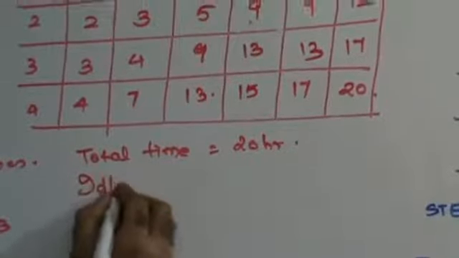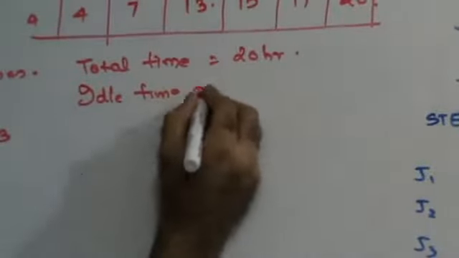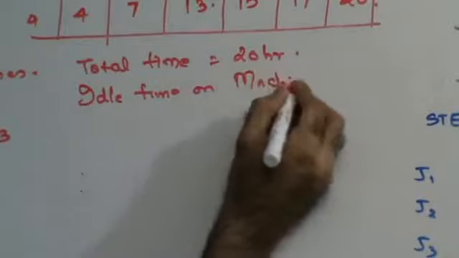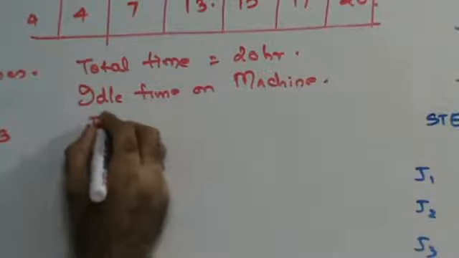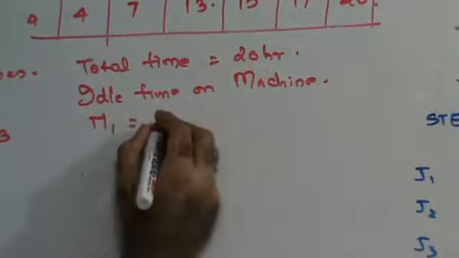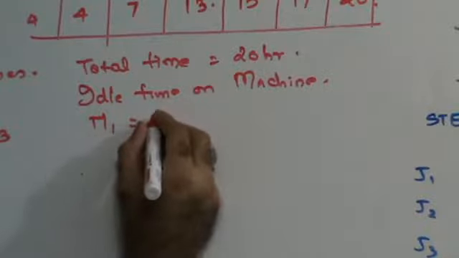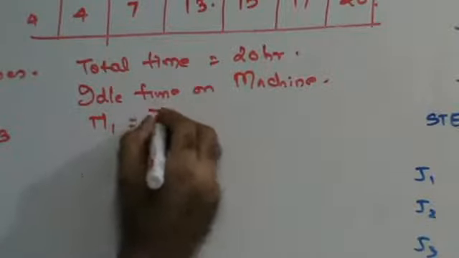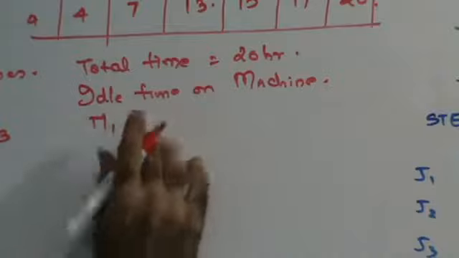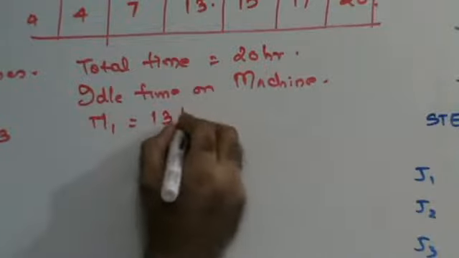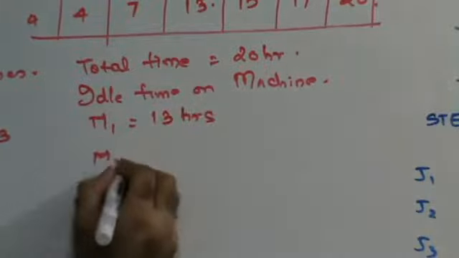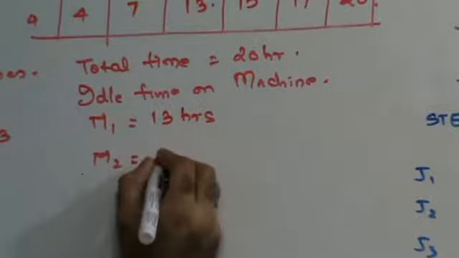Idle time on machine M1: you finish your work in 7 hours and total time was 20 hours, so in that case 13 hours. On machine M2: 5, 9, 13, 15.